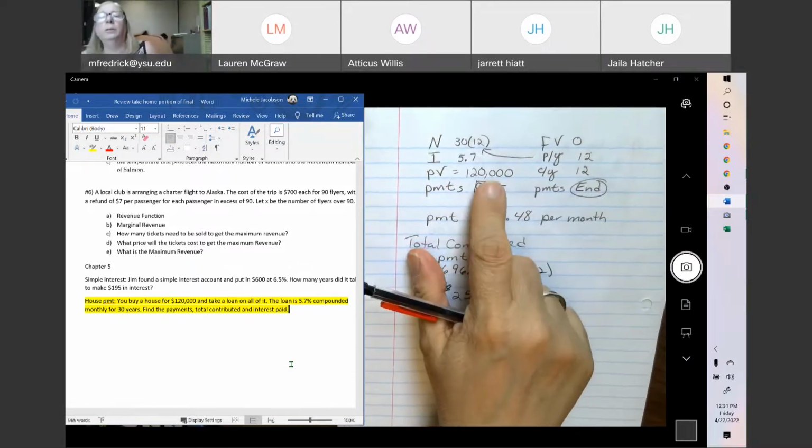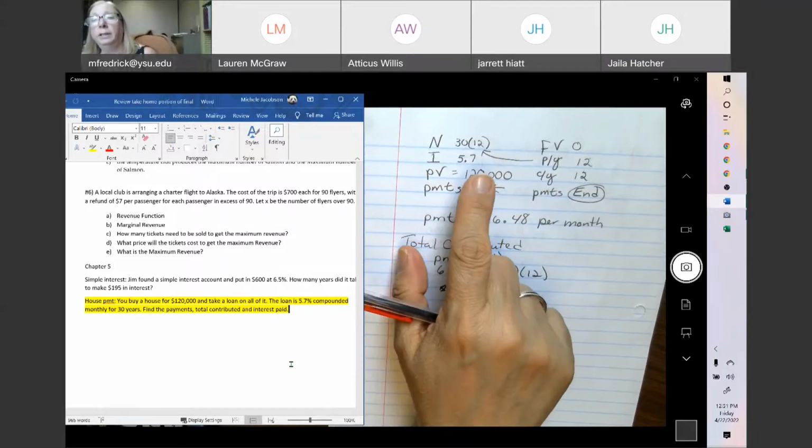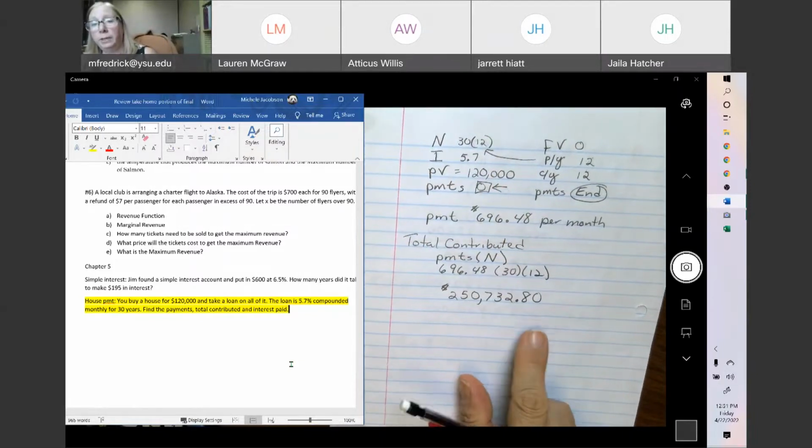So our $120,000 loan at the end of 30 years, we paid $250,000.